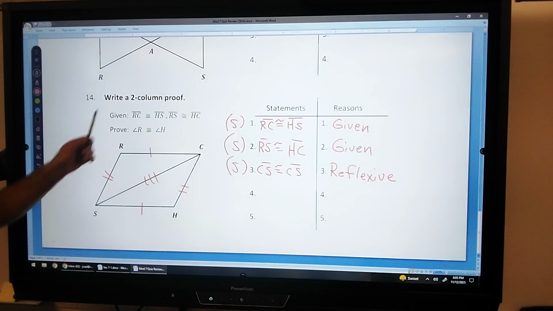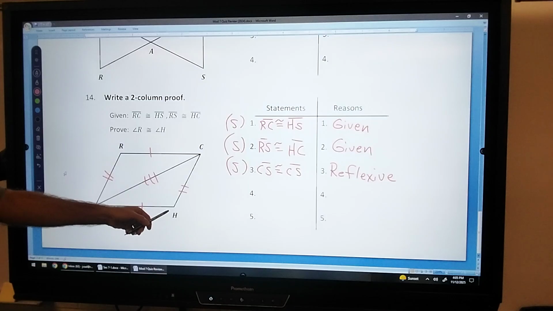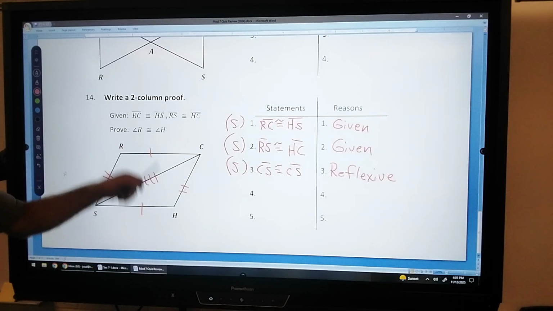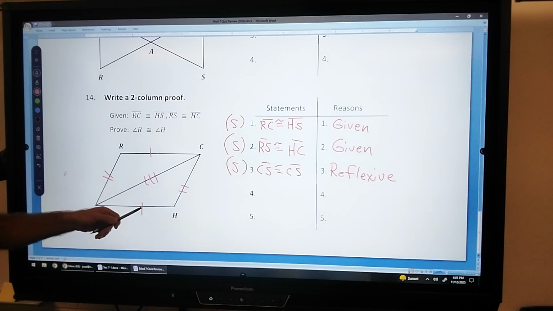Okay? All right, from here, I kind of jump ahead a little bit, and I look at what I'm asked to prove. I'm asked to prove angle R is congruent to angle H. Well, in order to do that, I have to show that these two triangles are congruent.